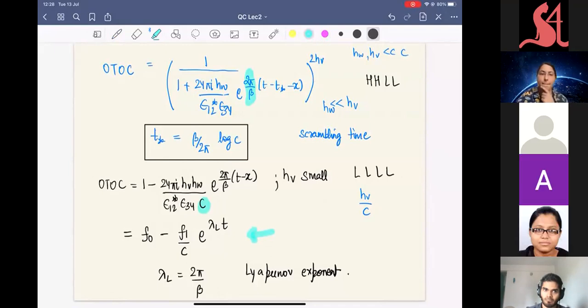So I would like to add a comment. Surbhi is saying that I will be doing an LLL limit, but that is actually not completely true. When I do the shockwave computation, I am assuming that two of the operators are heavy.